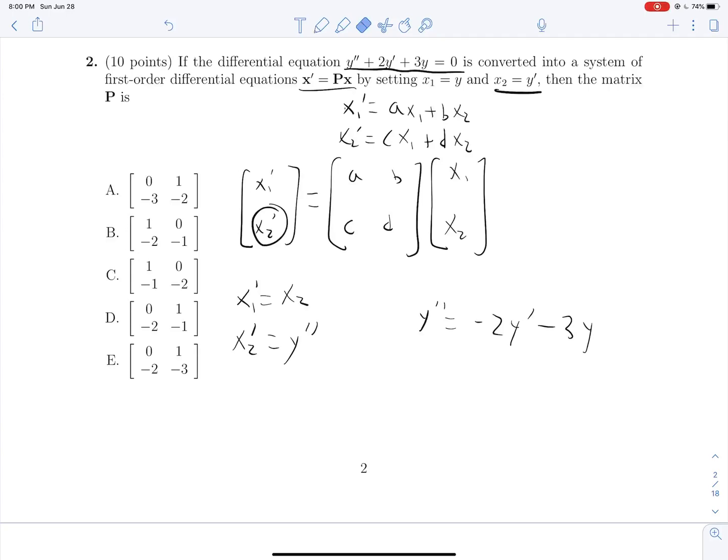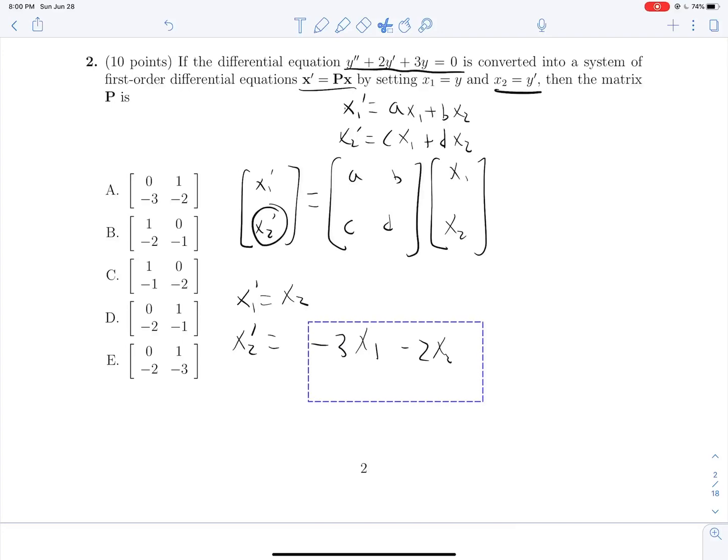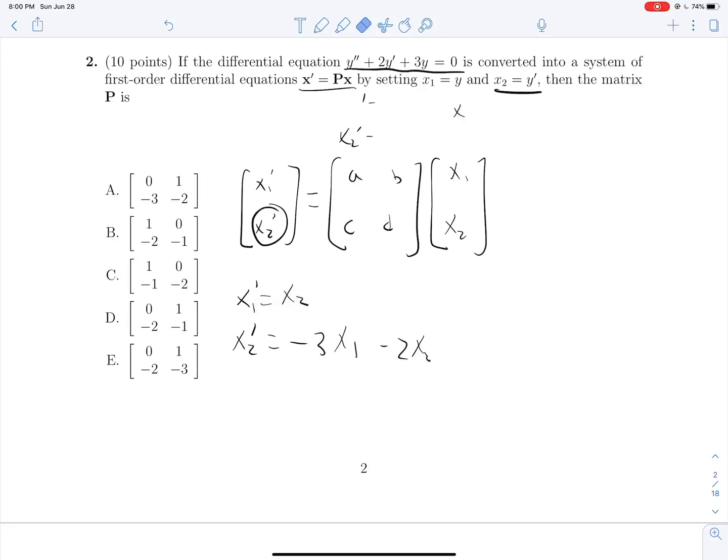And since we know that y prime is equal to x2 and y is equal to x1, we can do that little replacement operation right there, stick these equations together, and then rearrange it a little bit so it's in the correct order. And we have our solution right here, even though it probably doesn't look like that.